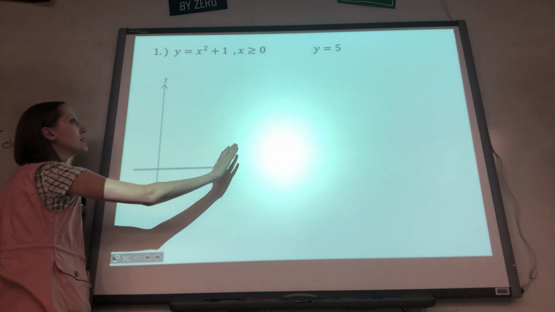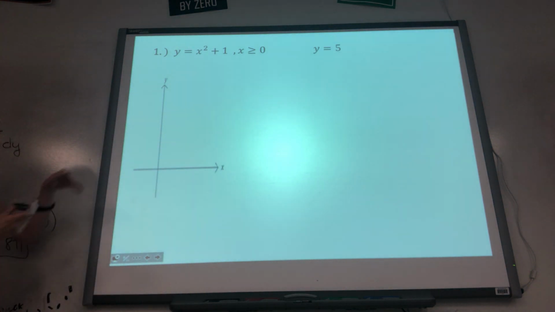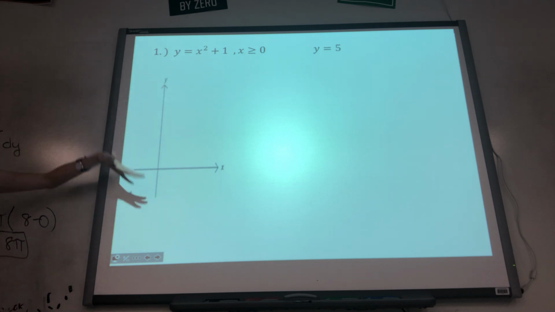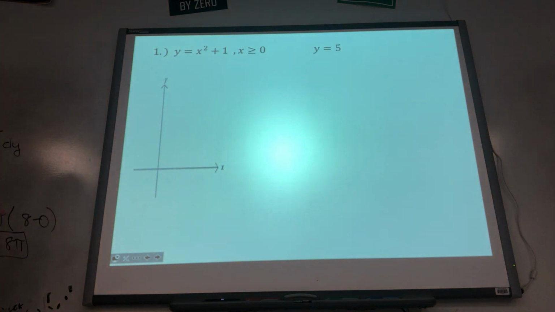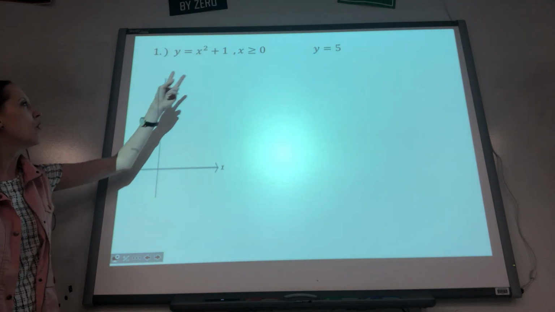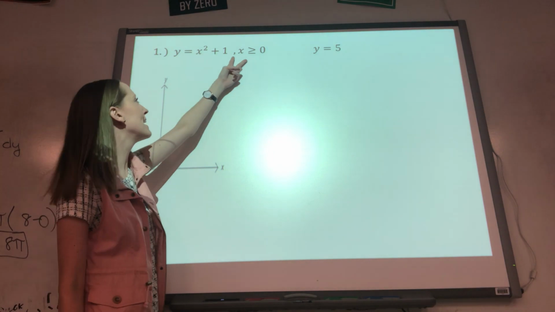I'm keeping most of my graph on the right. And y equals 5 is going to be up here somewhere, so I left more room at the top than at the bottom. You can use your graphing calculator to help you graph this, though you won't really be able to type in this part, I don't think.